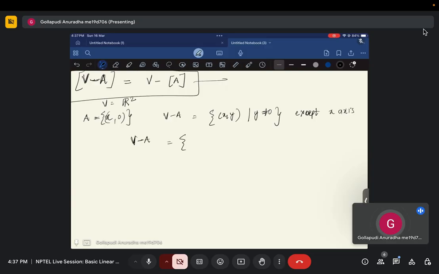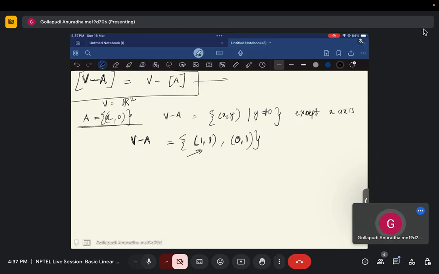So suppose V is in R2. V minus A will contain this, right? I'm just taking an example, so this will satisfy whatever conditions we have. For example 1 comma 1 is there in R2, and it's except the x-axis.